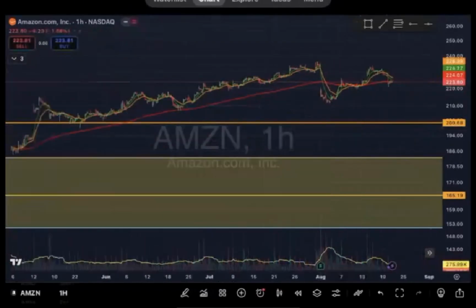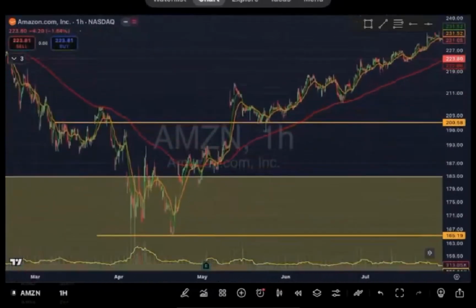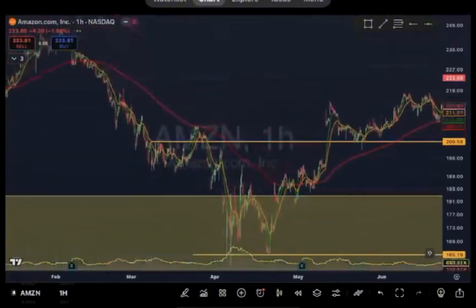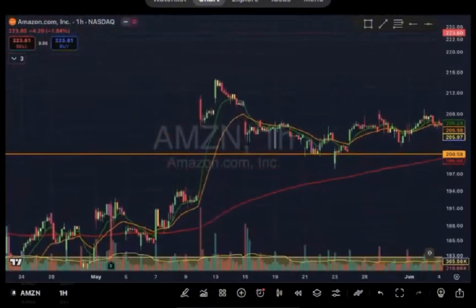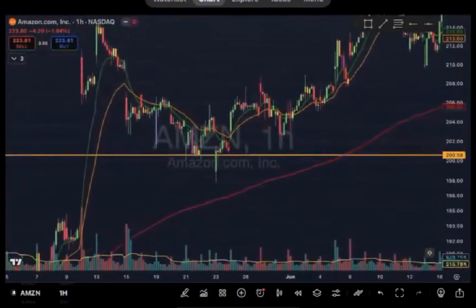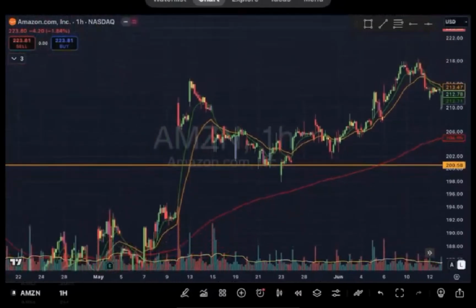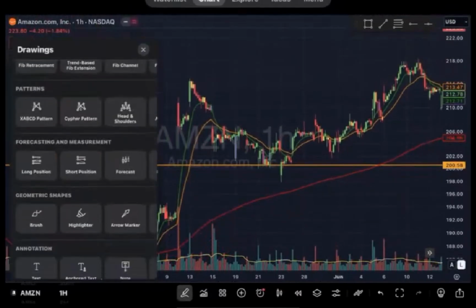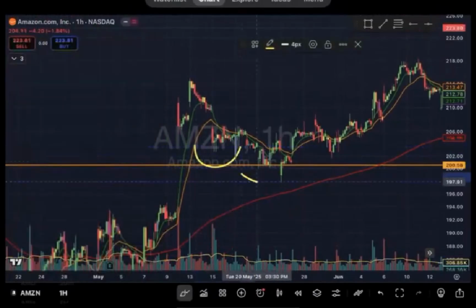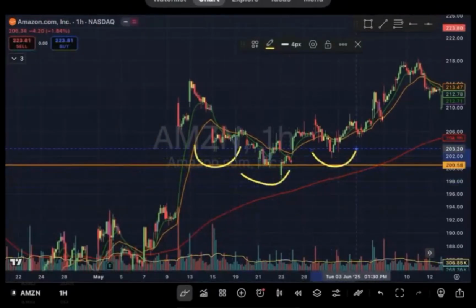Look what the 1 hour gave on this structure. You see that inverted head and shoulders? Do you see it or do you not see it? Crazy. Get in the play. Put your stop loss in over here.